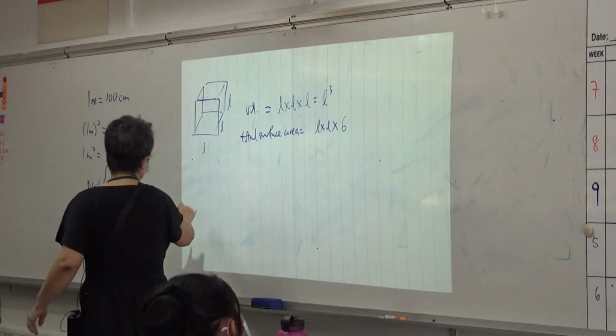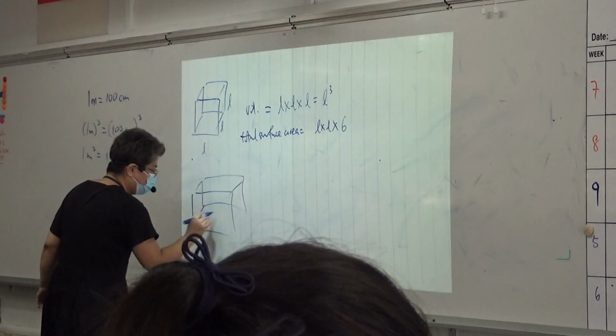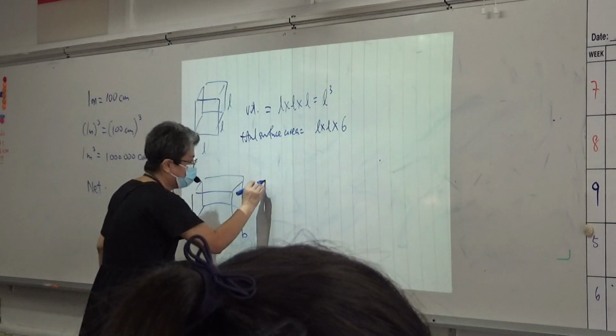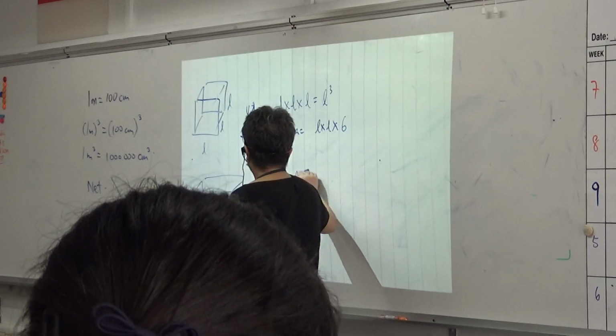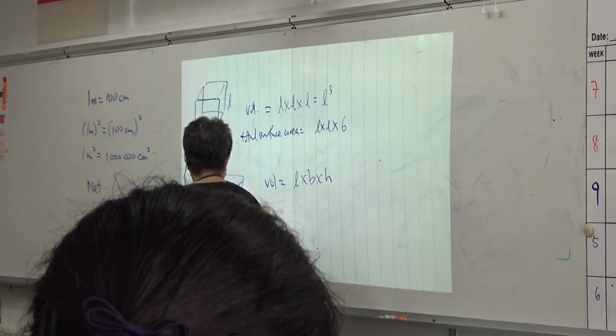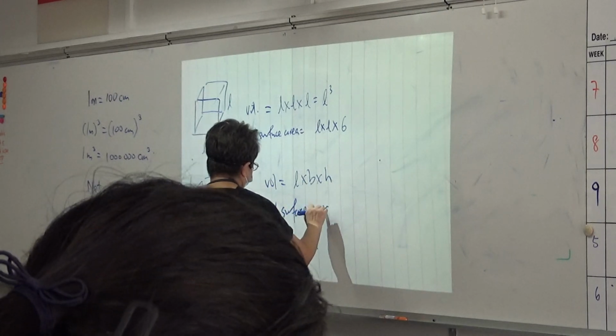Now, next one, the cuboid. What's the volume of a cuboid? Length times breadth times height. Okay? Total surface area?